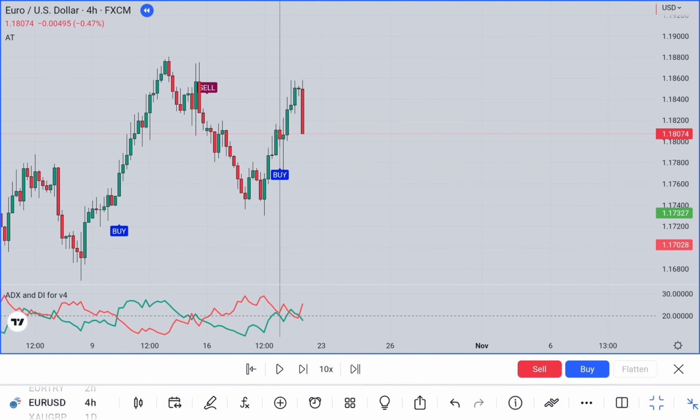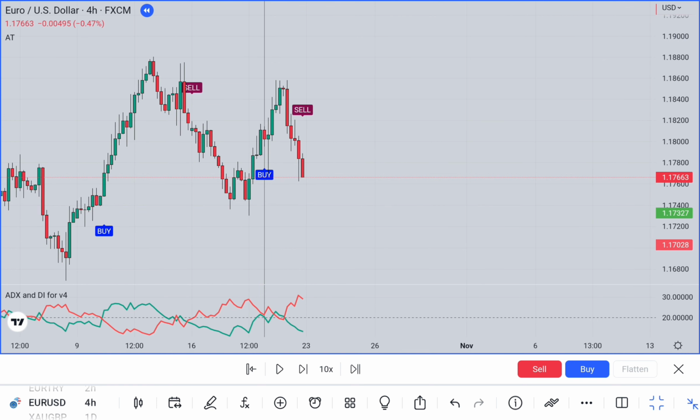A new signal. We meet the conditions and open a sell transaction.